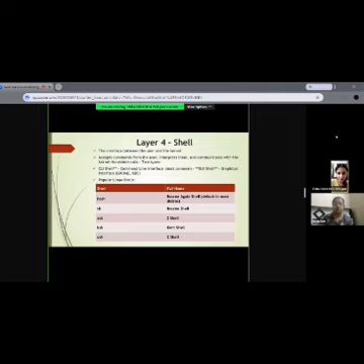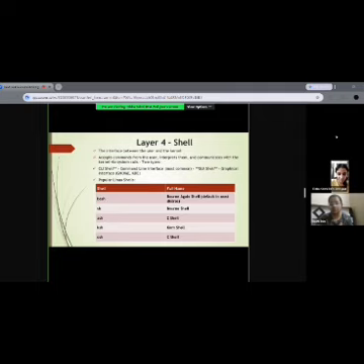The next layer is the shell. The shell acts as an interface between the user and the kernel. It takes user commands, interprets them, and sends them to the kernel. There are two types of shells. The first is command line, and the second is user interface.